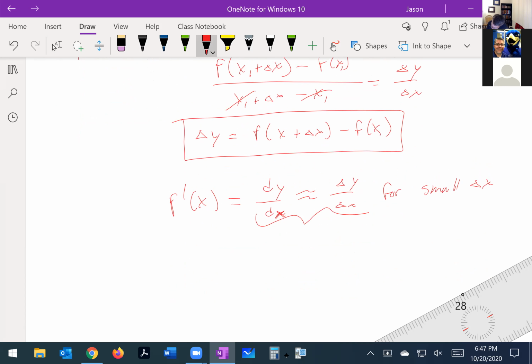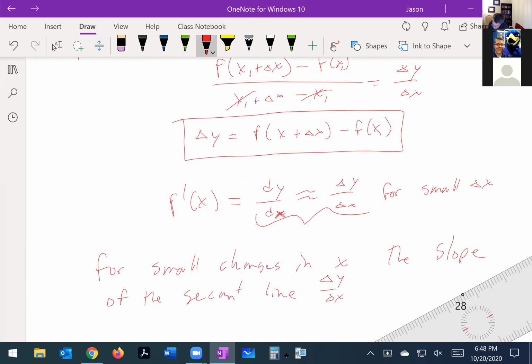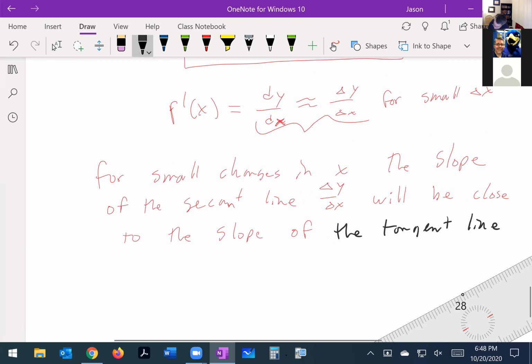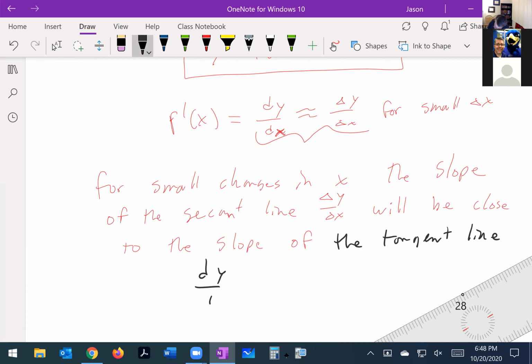For small changes in x, the slope of the secant line, which is delta y over delta x, will be close to the slope of the tangent line, which I would call f prime of x or dy dx.